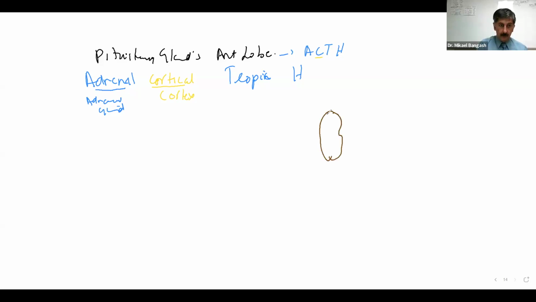It is going to act upon the adrenal gland, mainly causing the adrenal cortex to produce what we can call the cortical adrenal hormones.